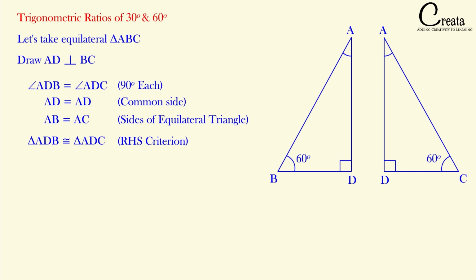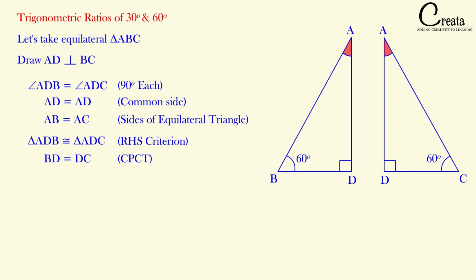And once we got two triangles as congruent, by CPCT we can say the corresponding angles and corresponding sides of both the triangles will be equal to each other. Here BD and DC, these two sides will be equal to each other by CPCT, corresponding parts of congruent triangles. So BD is equal to DC.